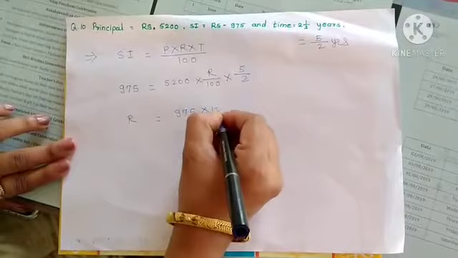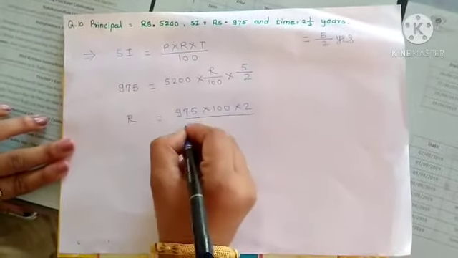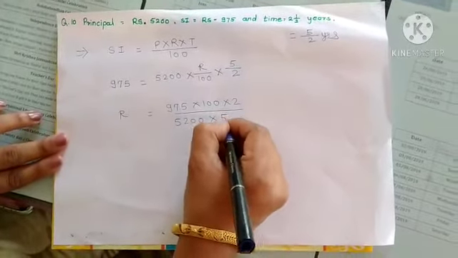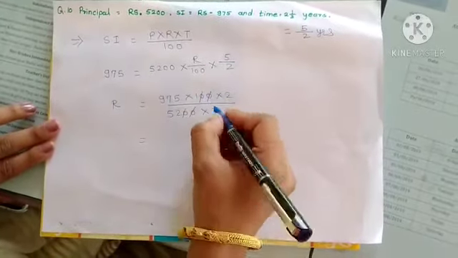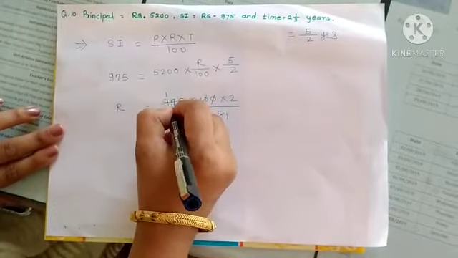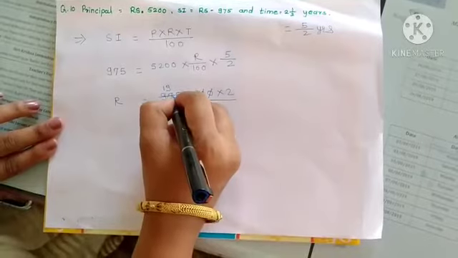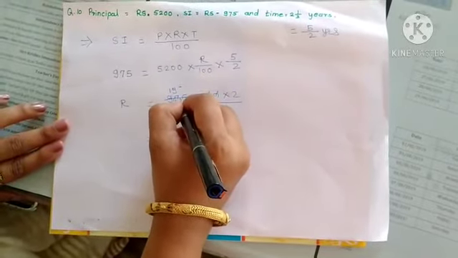975 multiplied by 100 and multiplied by 2 upon 5200 multiplied by 5. So these two zeros are cancelled. 5 1s are 5, 5 1s are 5, 5 9s are 45, 3, 5 5s are 25, 2 here.